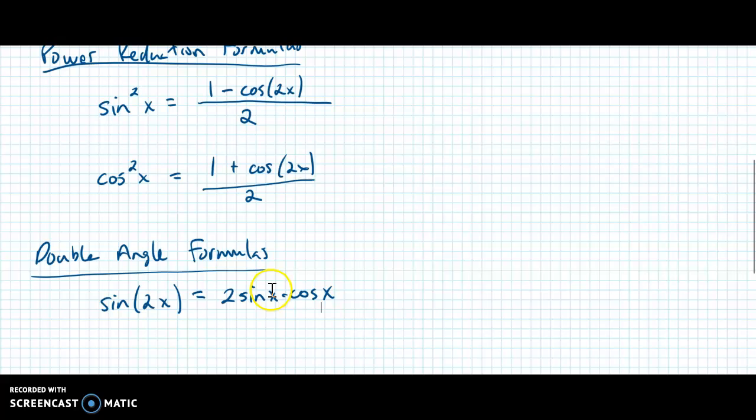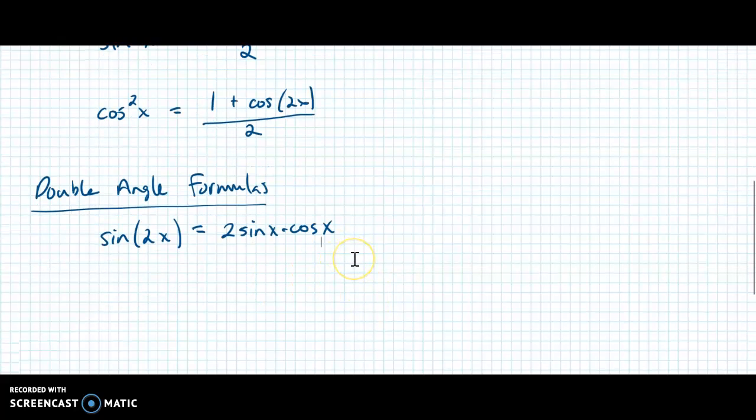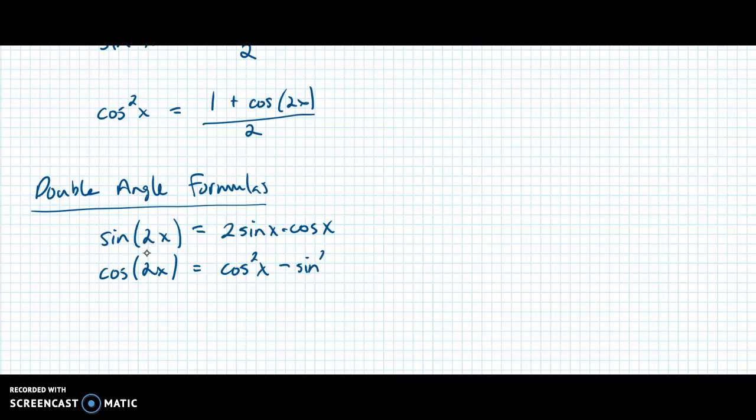A lot of times there will be thetas in there instead of x's, but I'm using x's in this video. And the double angle formula for cosine is that cosine of 2x, there's the double angle, is equal to cosine squared x minus sine squared x. There's a couple different forms of this one, but that's the one that I'm going to give you right here.